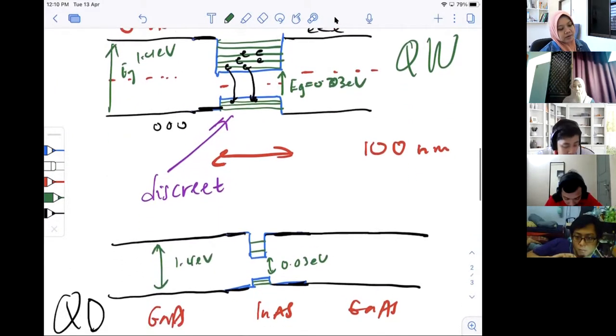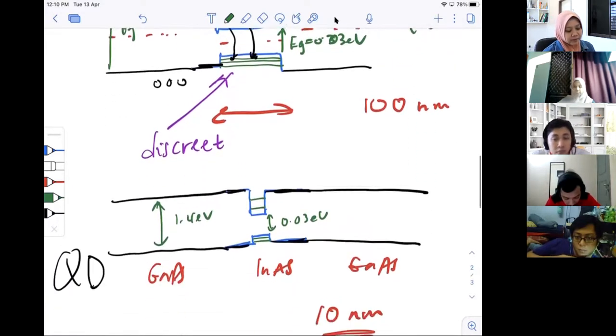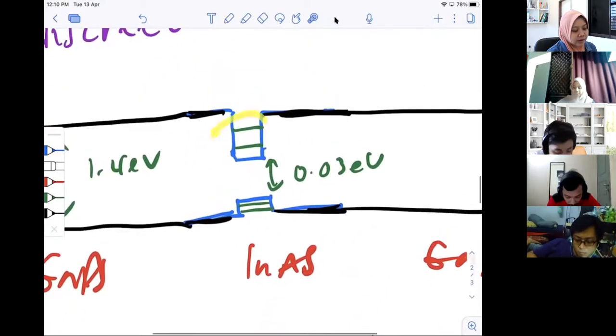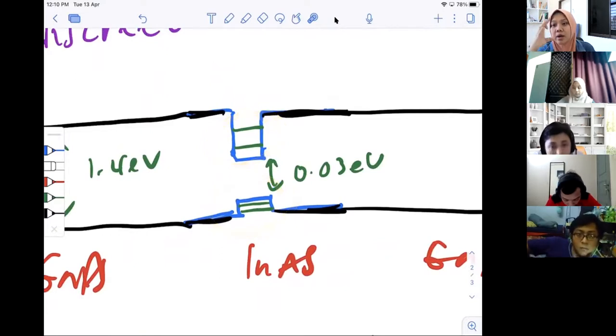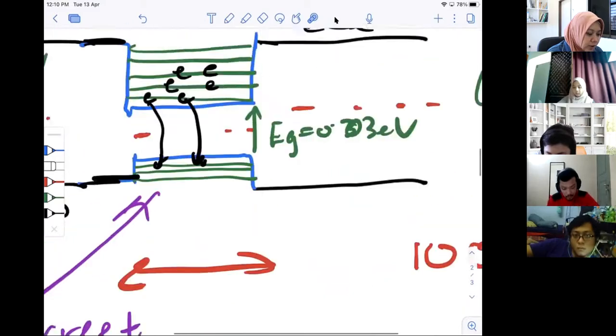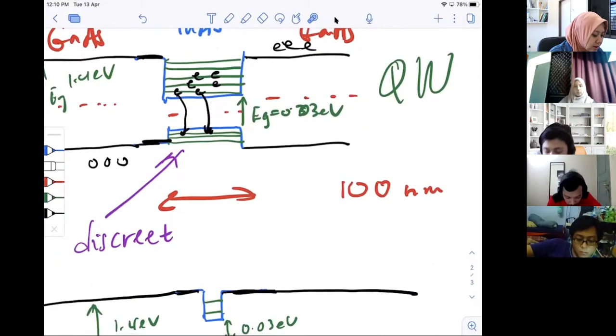Okay. So but sebab saya draw tu tak sama. Sebab you can see here the discrete energy level become more separated. Okay, which means that okay, so saya lupa cerita. Quantum well, the confinement is 2D confinement.